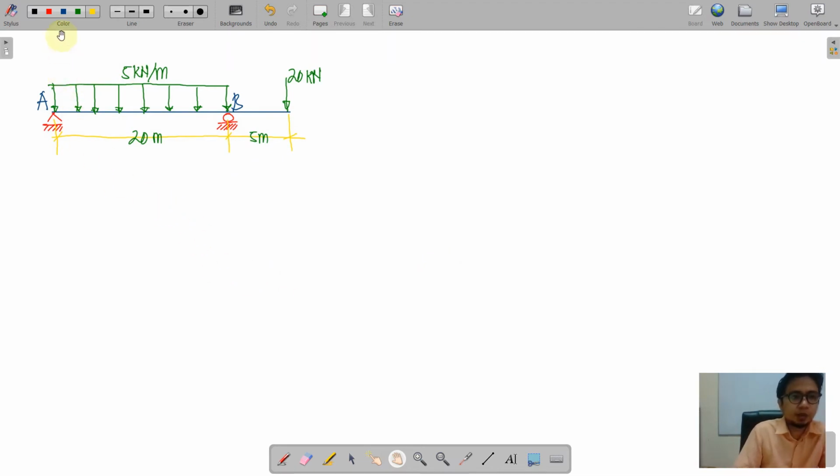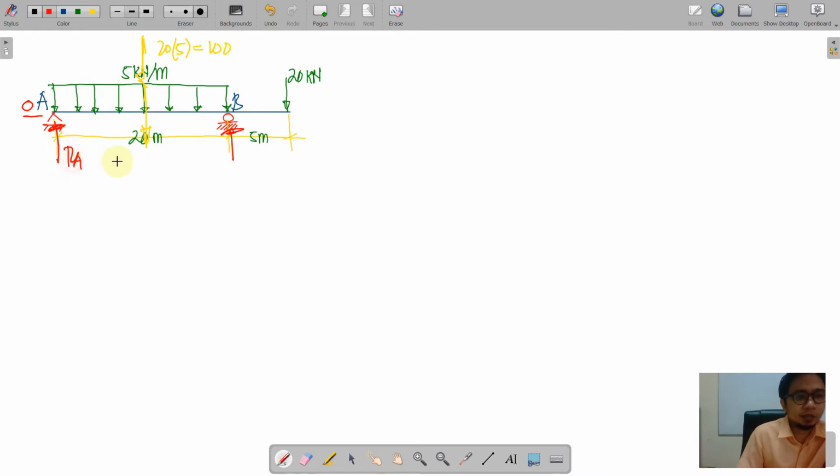So for this problem, a simply supported beam, of course this is just a warm-up for us. I'll just get the resultant here. So this is 20 times 5, and 20 times 5 is equal to 100. Okay, and then we have here two vertical reactions. Of course, the horizontal reaction here is 0 because there is no horizontal force to be countered by that.